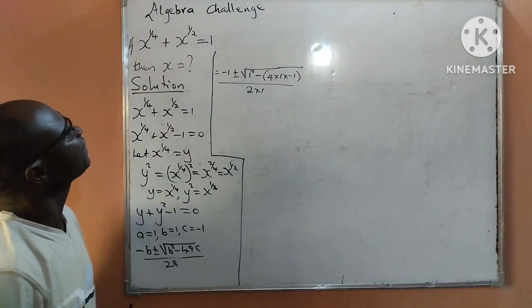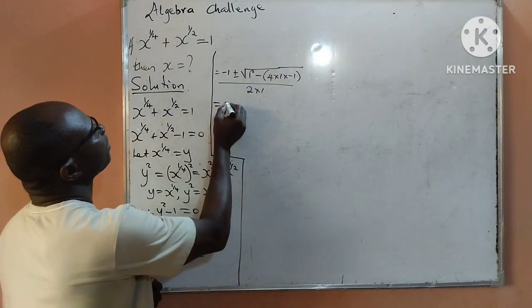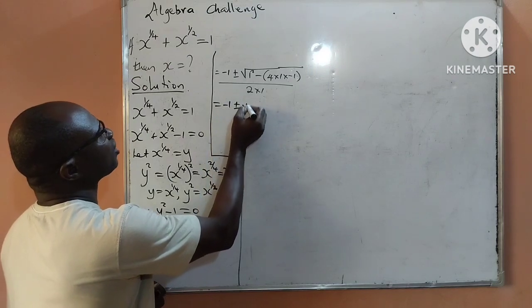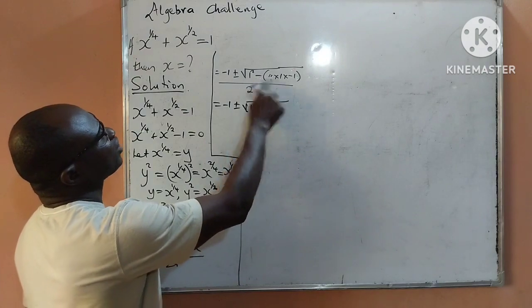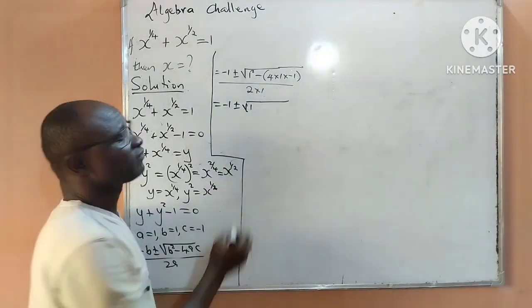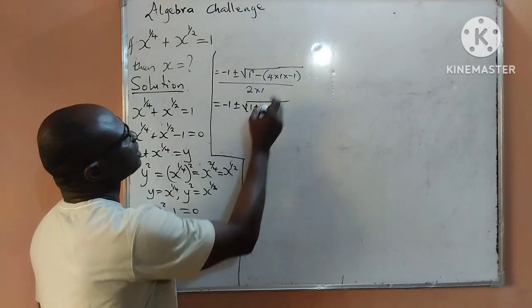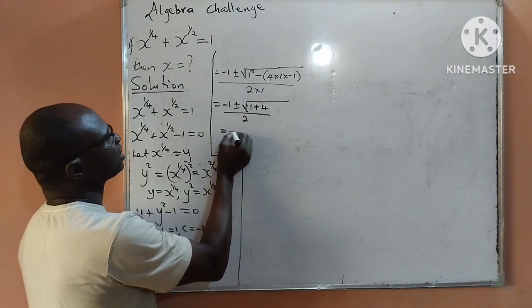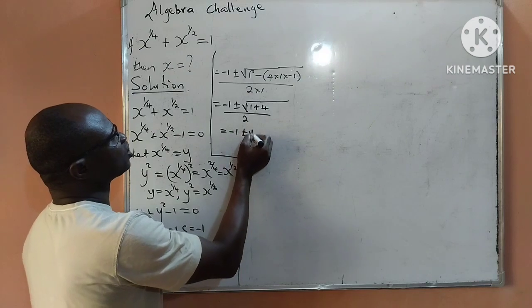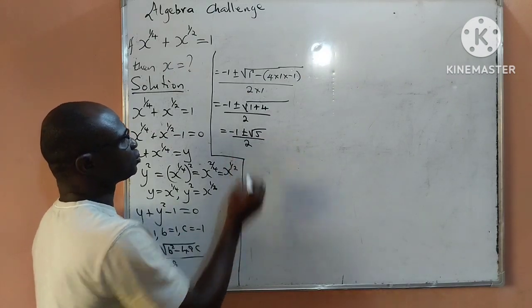Very correct. Now, moving forward, it is going to be minus 1 plus or minus the square root of: 1 squared gives 1, minus multiplied by minus inside the bracket gives plus, and 4 times 1 times 1 gives 4, divided by 2 times 1. This is minus 1 plus or minus the square root of 5 all over 2.